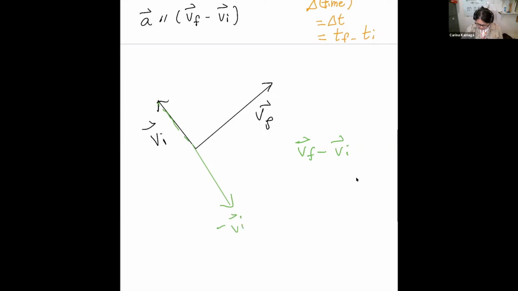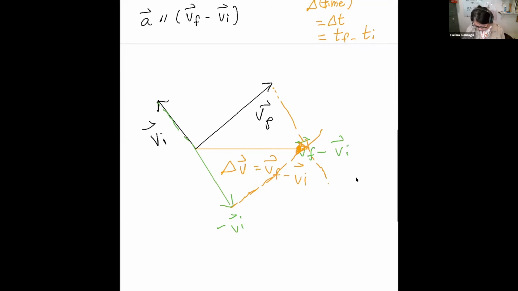Then you make a parallelogram. This is going to be the change in velocity, which is Vf minus Vi. Okay.